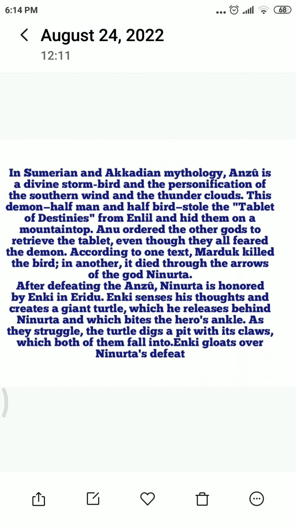Half man and half bird, he stole the tablet of destinies. The Anzu bird stole the tablet of destinies from Enlil, the supreme god, and hid it on a mountain top.